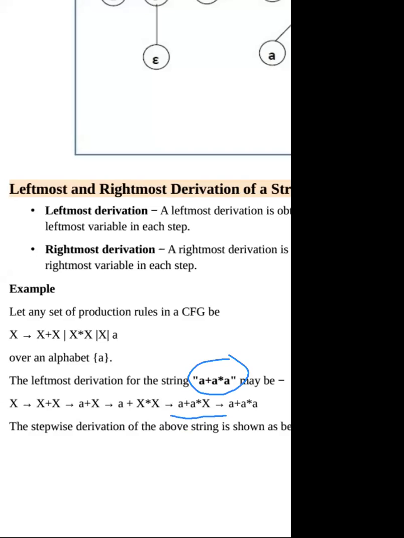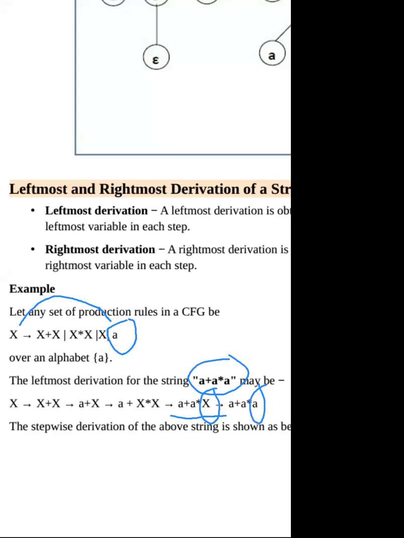Now tell me, if we replace the last X by A, then we can get the string. That's why you have used this production. I am marking it by blue line.